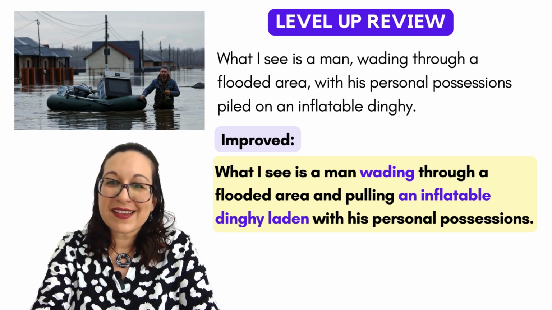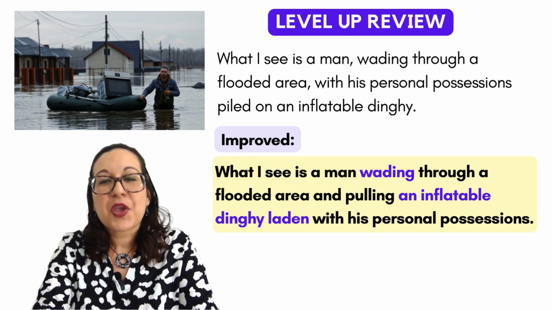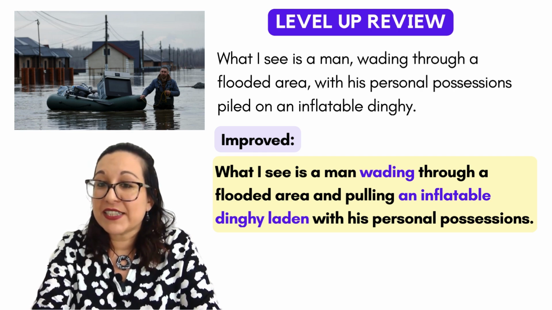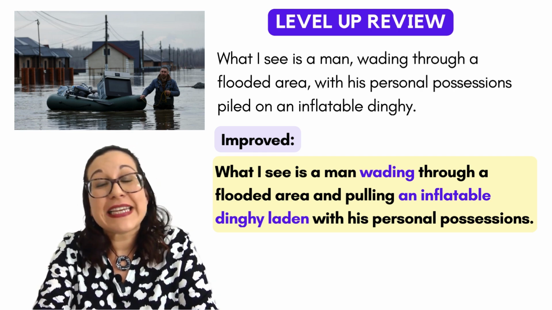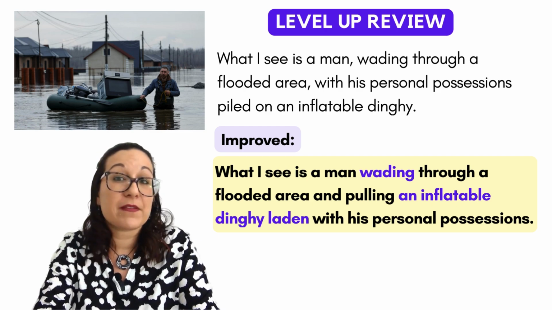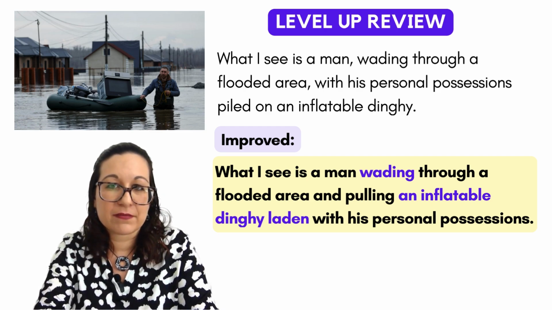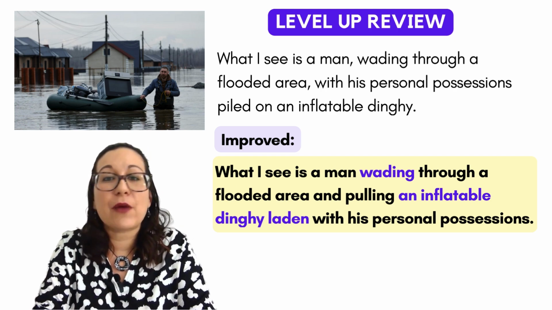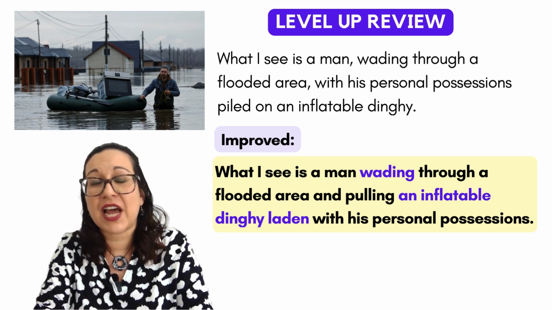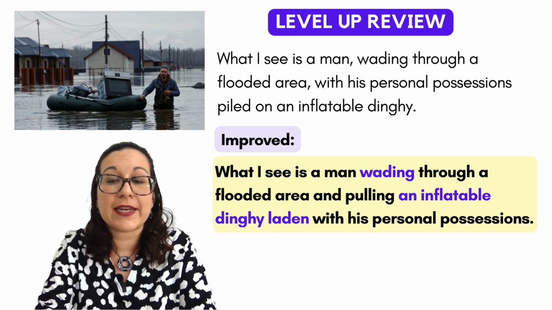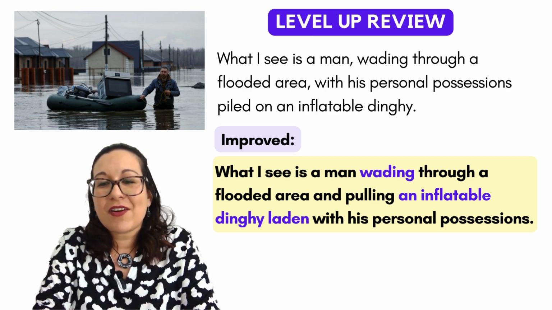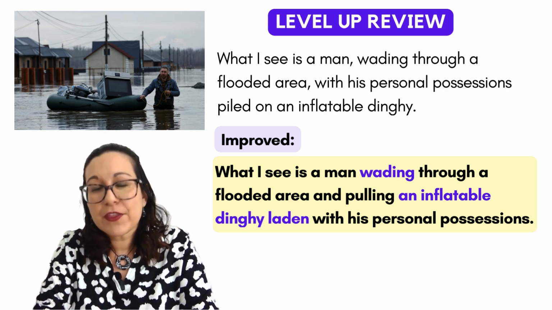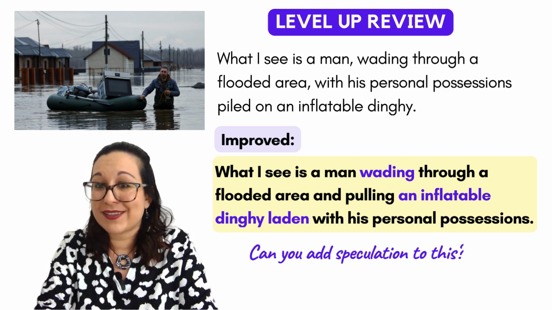So our lovely sentence now reads, what I see is a man wading through a flooded area and pulling an inflatable dinghy laden with his personal possessions. If you're still using the term household items or household goods or personal items, all of those are fine. But are you sure? Are you sure that's what's in the dinghy? I think we need to add some speculation to this.